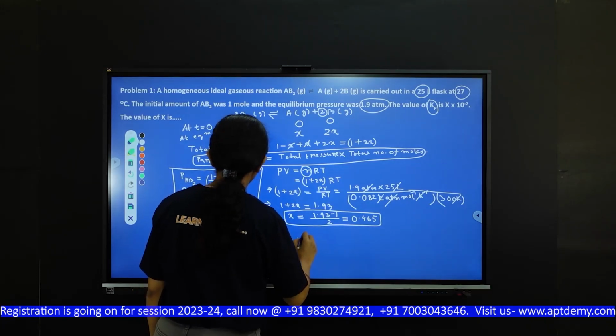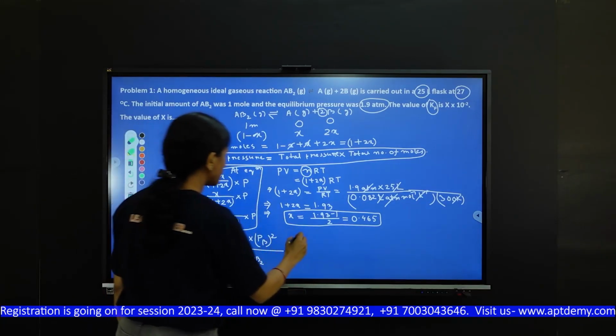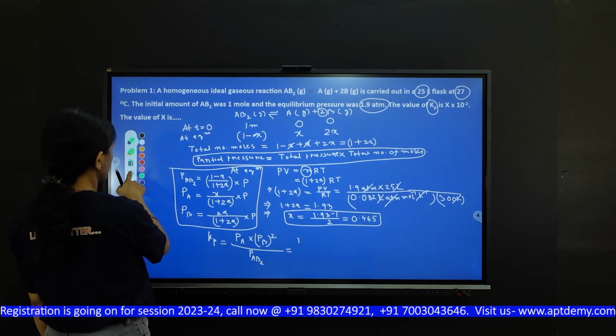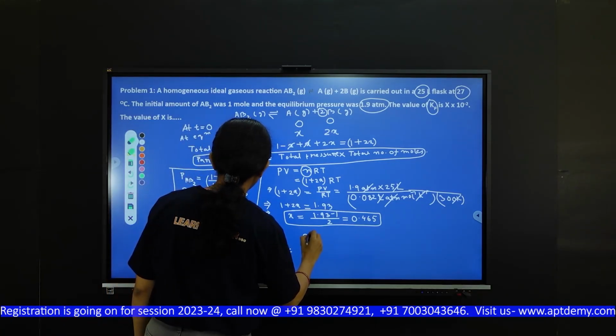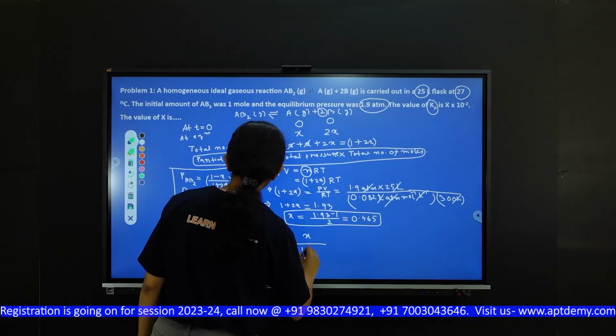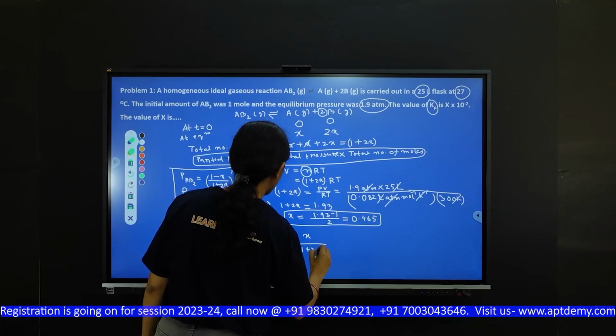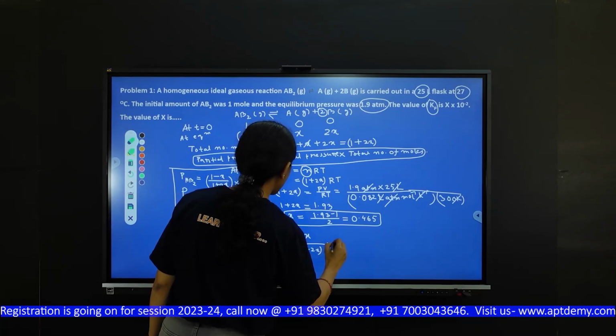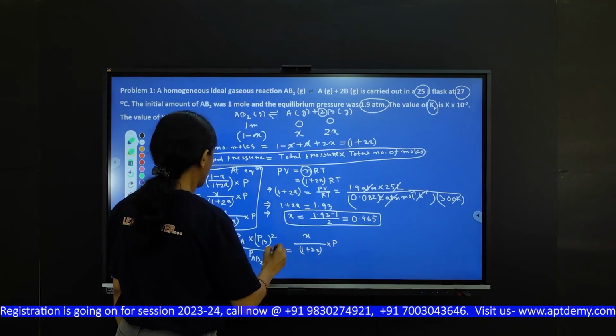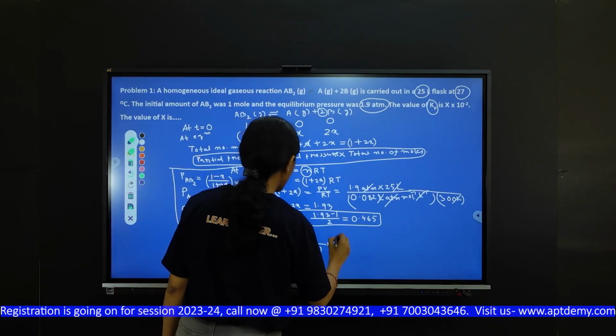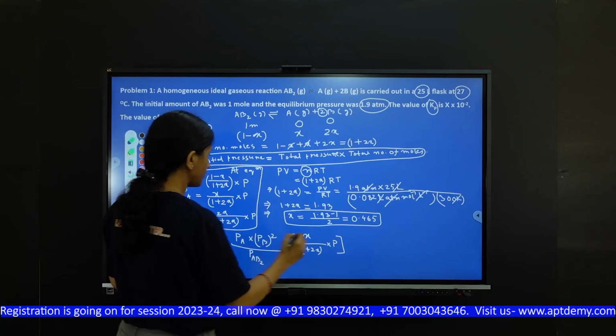For PA we can write x divided by 1 plus 2x times P, right? This is for PA. And for PB, what can we write?